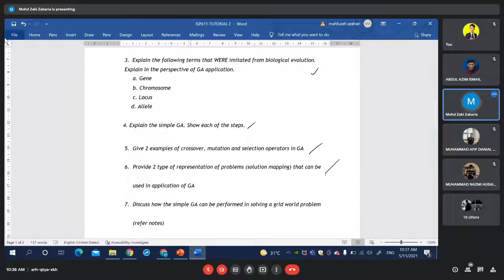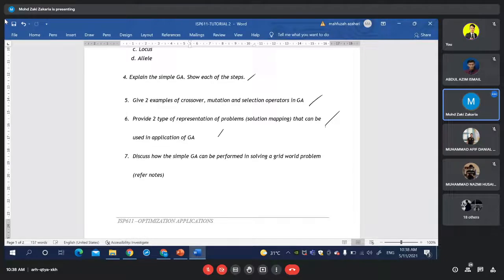How to represent the two types of representation of problem using GA. I think dekat dalam notes pun ada discuss the Greek word problem. We discussed just now tadi.